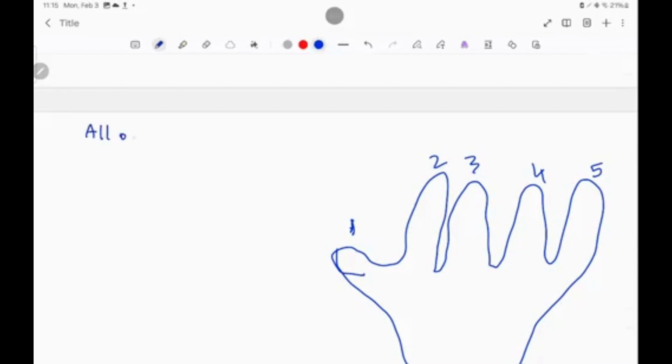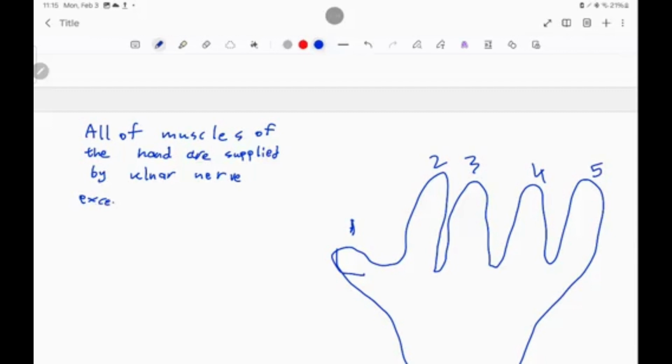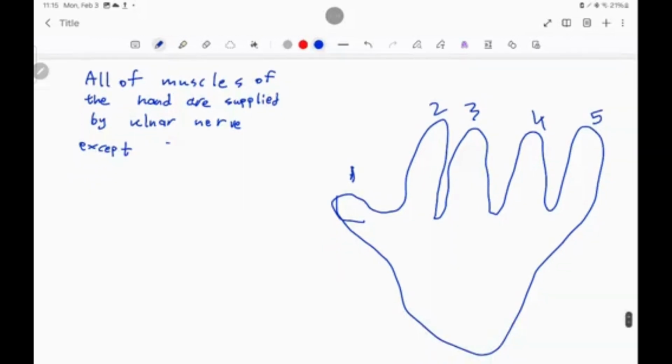All muscles of the hand are supplied by the ulnar nerve, except thenar muscles and first and second lumbricals. This is a very important rule.